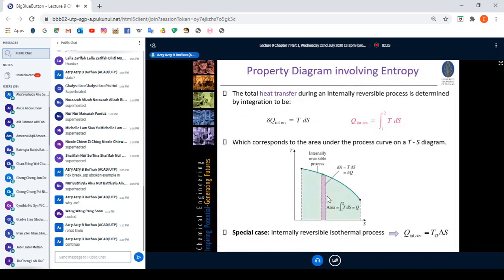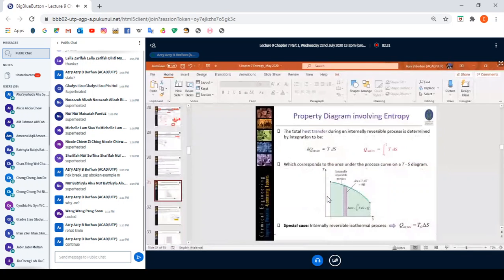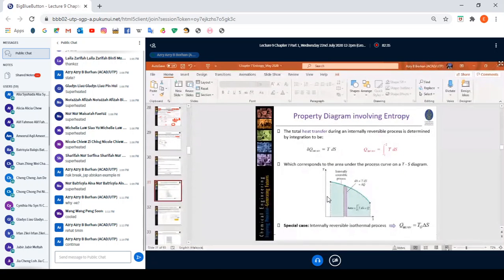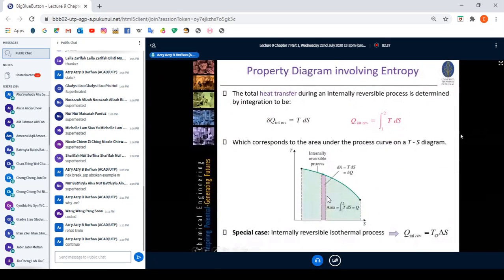Okay, this is about the property diagram involving the entropy. From our early definition of entropy S, delta S is equivalent to delta Q over T for internally reversible processes.